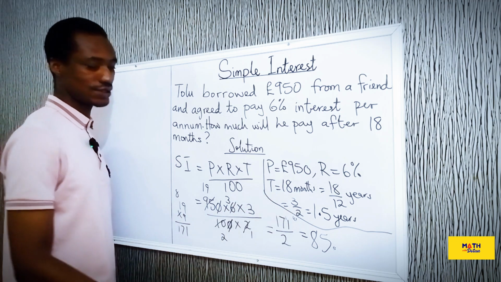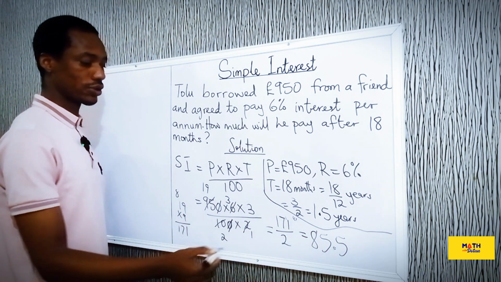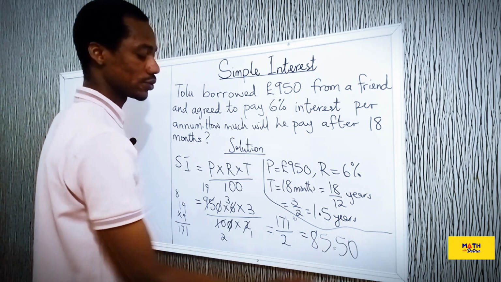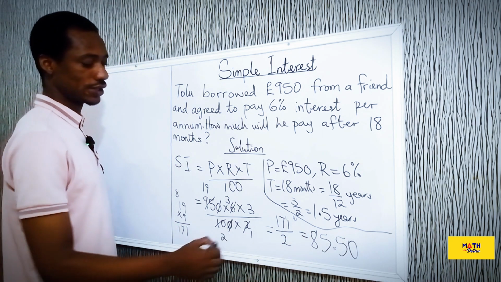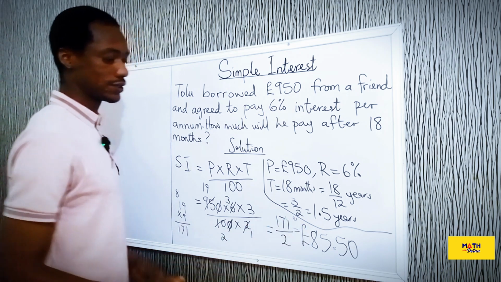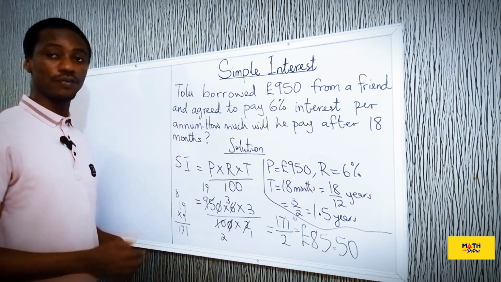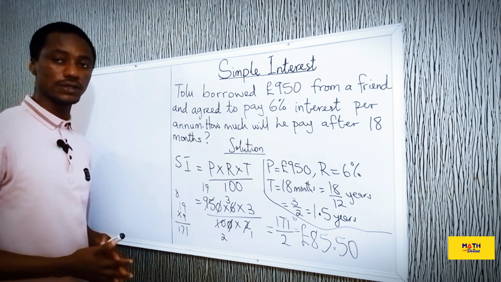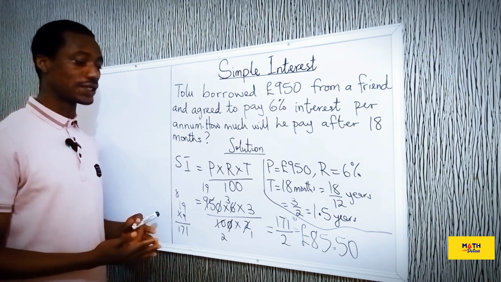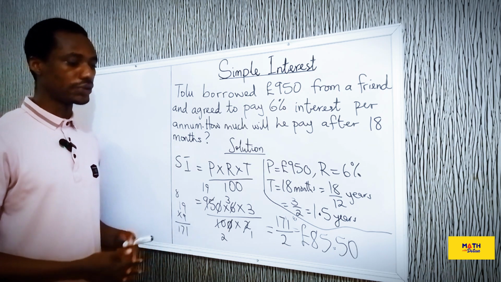Then 2 in 10 is 5, and that's all. But because it's currency, we write it in 2 decimal places, so you add an extra 0 at the end. So our final answer is £85.50. That is our final answer if we use the fraction method.